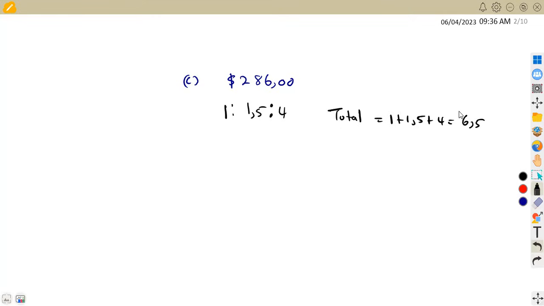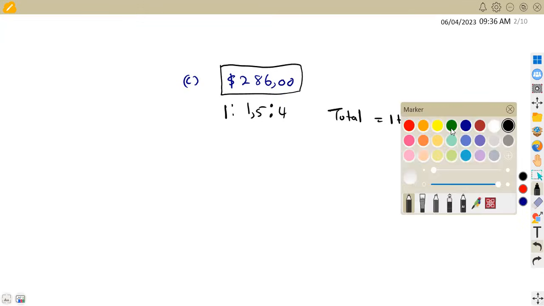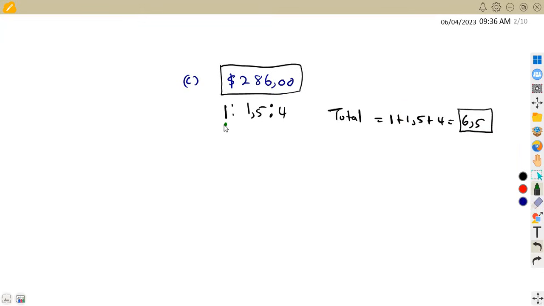So what we need is, if the total of 6,5 corresponds to $286, what about the one from the ratio of 1? We're going to say the one from a ratio of 1, it is going to be 1 over the total ratio of 6,5 times the amount which was being shared, $286.